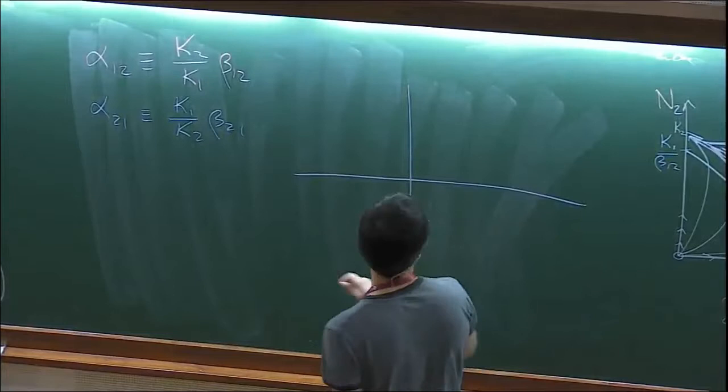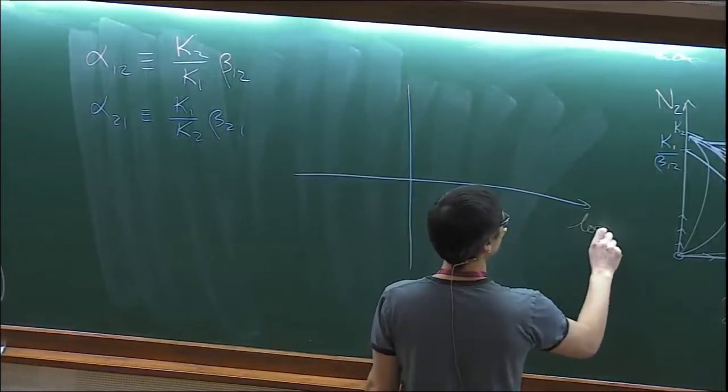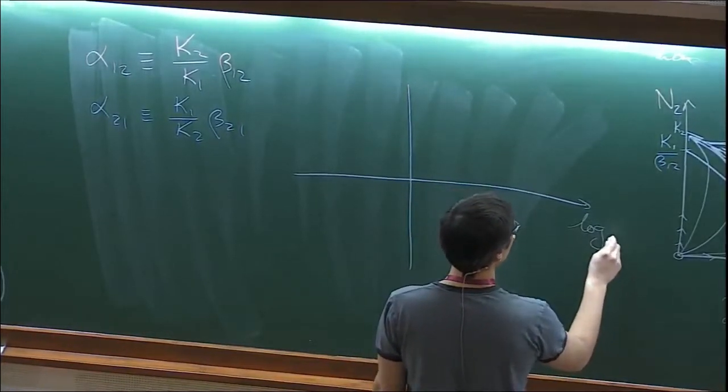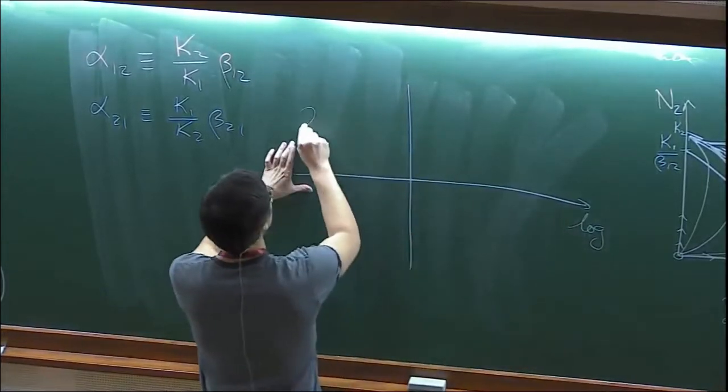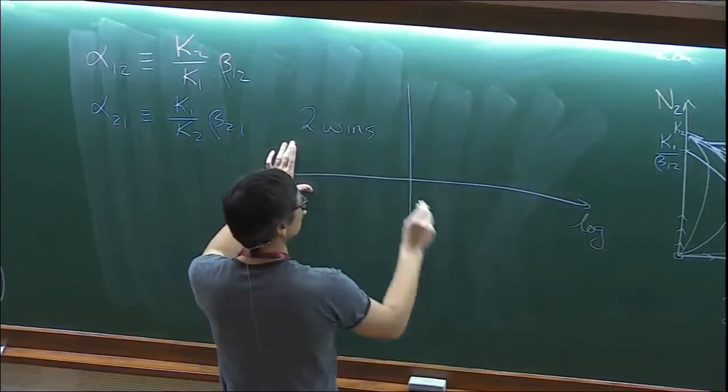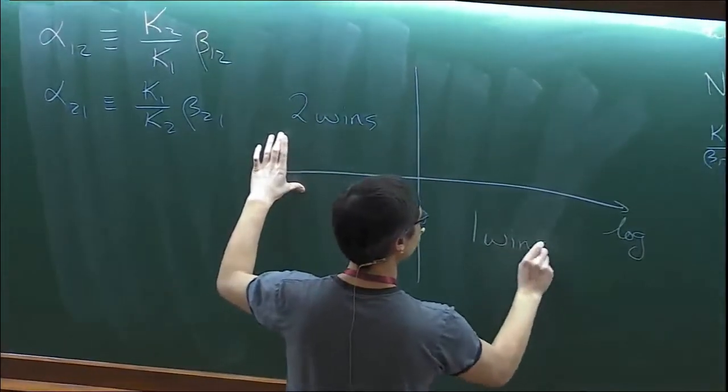Okay, so when the carrying capacities are the same, there's a very simple statement, which is that it depends upon whether the alphas, and so if we plot log, okay, now I always forget which one I want to do. All right, so let's do 2 wins, 1 wins.